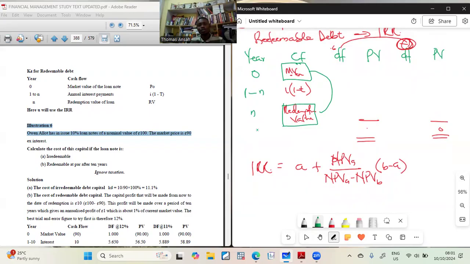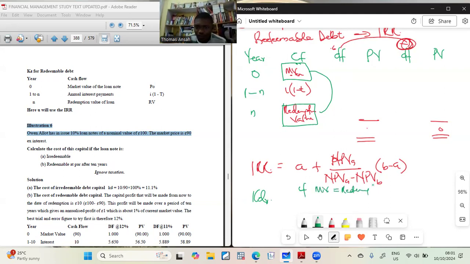So in a situation where the market value is equal to the redemption value, you can go back and use the irredeemable formula. Clear? So that is that. So this gives you your KD redeemable, if market value is equal to redemption value.